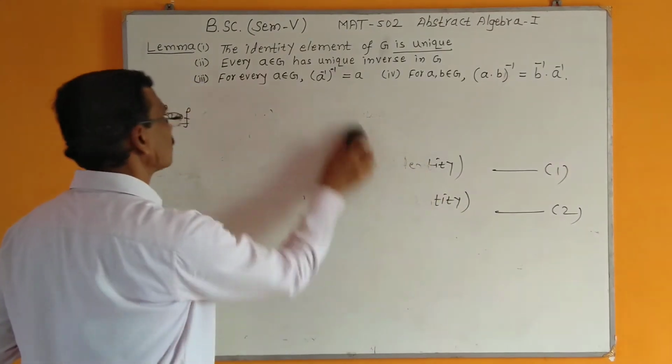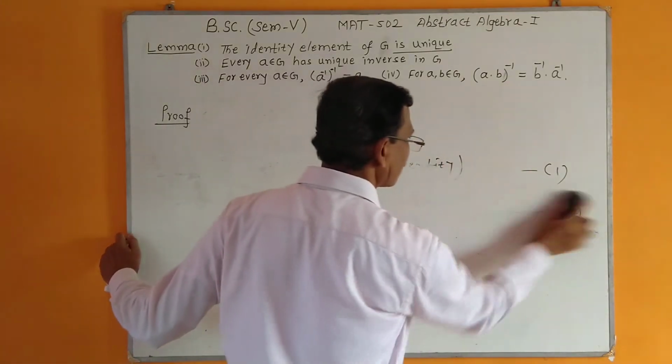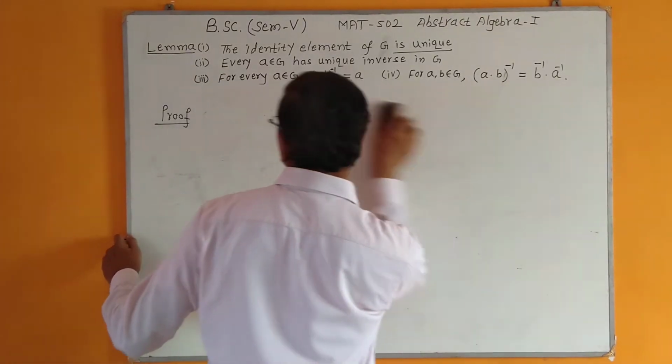Now, the second property is that every element of the group G has a unique inverse.